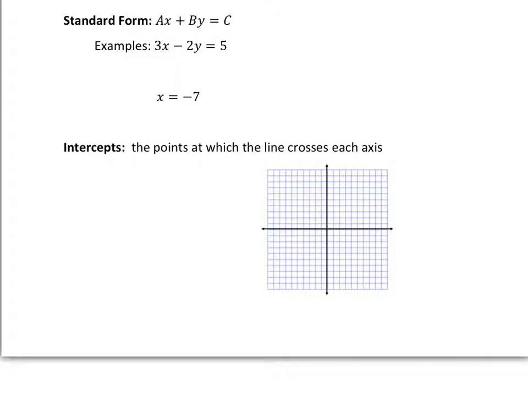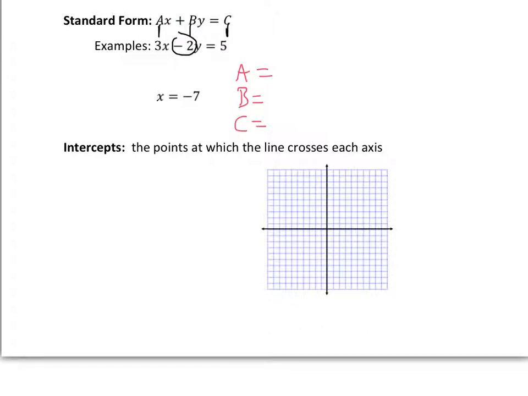So an example of this, really easy example, you see the 3x, so 3 is A, minus 2y, so -2 is your B, and C is 5. Very simple. That's standard form. Now this one below, x equals -7. If I asked you to give me A, B, and C there, remember A is the coefficient in front of the x.